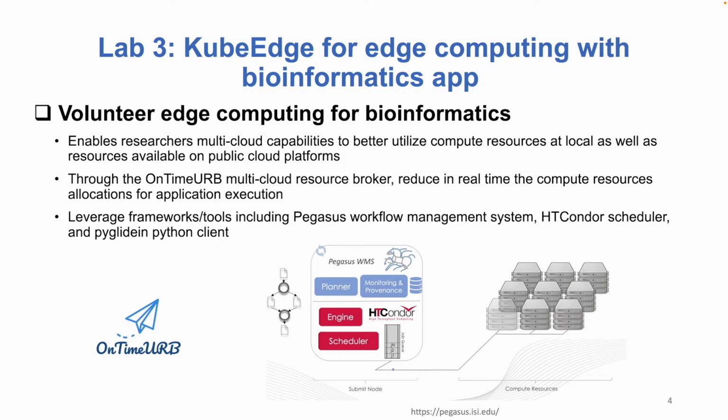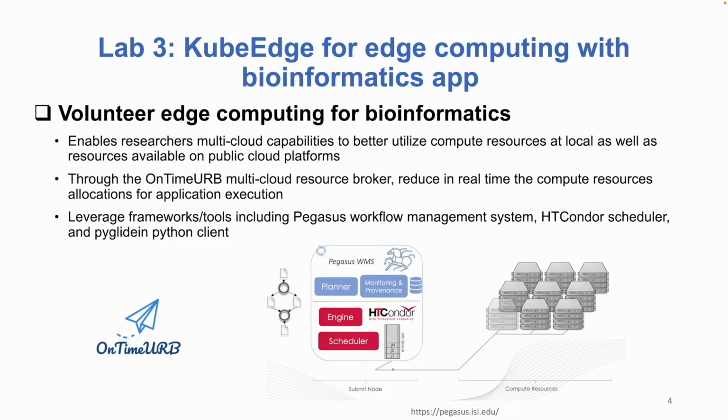In this lab, we will use a research-based application named Volunteer Edge Computing for Bioinformatics. This application enables researchers to define the minimal resources that they require for running their HPC jobs in the cloud. Based on the definition, the on-time URB will automatically pick the best cloud platform to run the HPC jobs based on the resources required for the job and the associated costs and security.